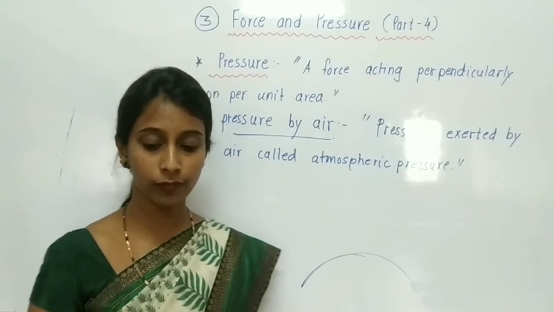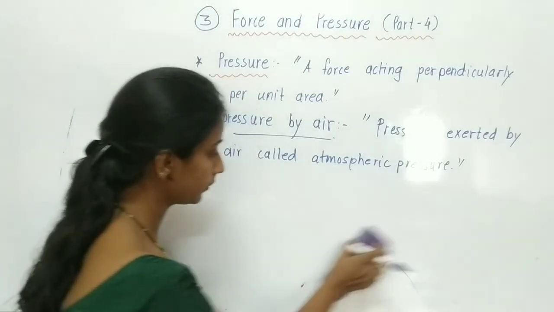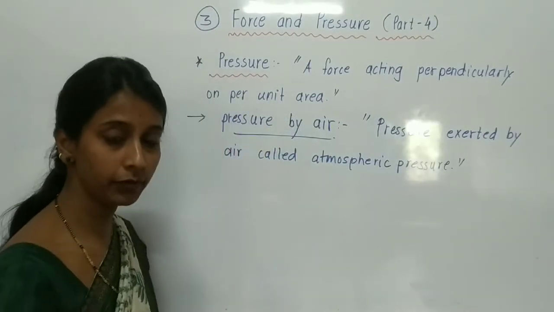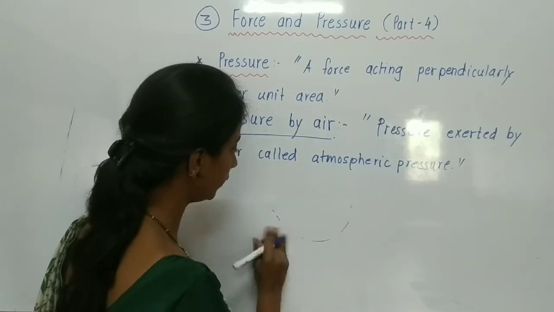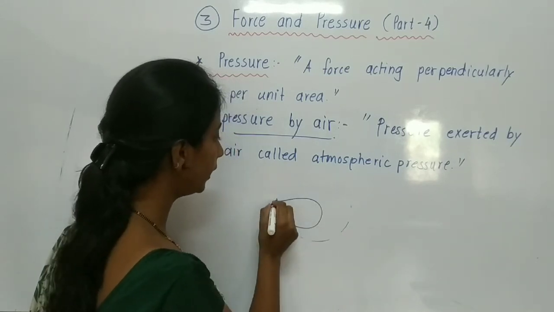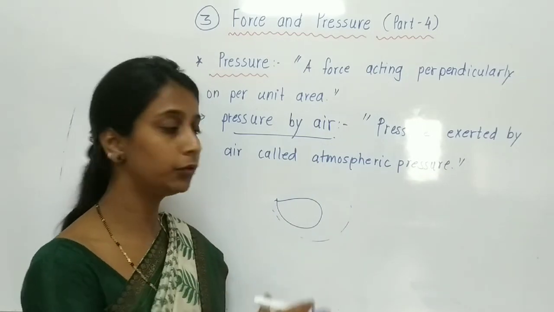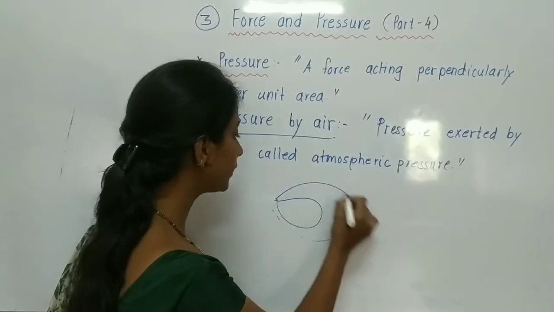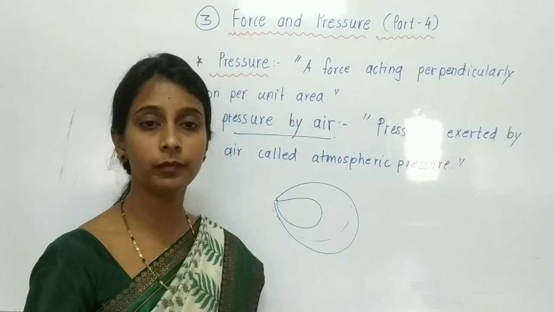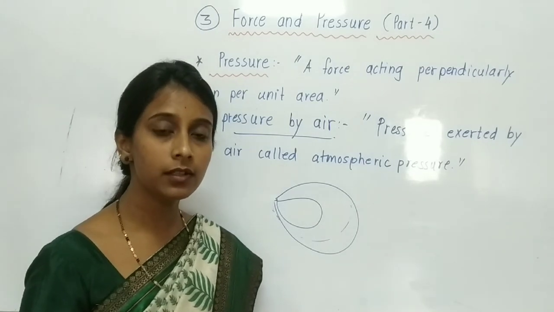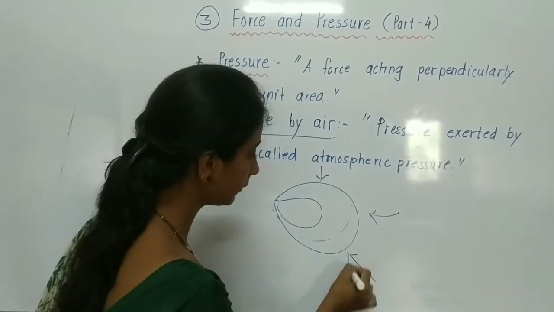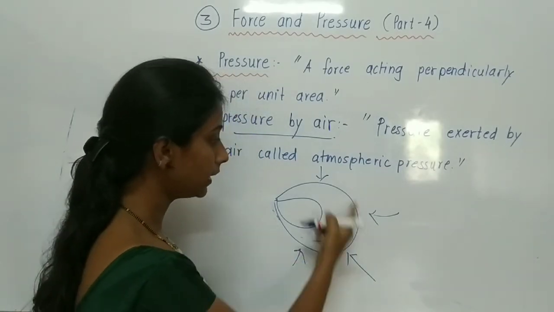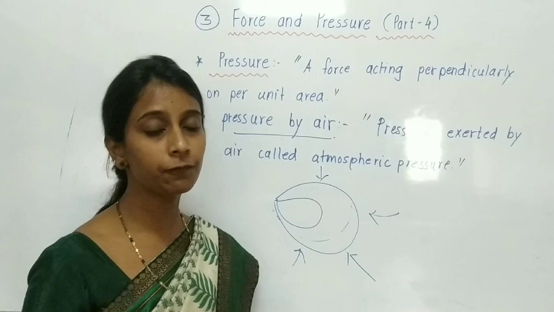Now students, suppose we are trying to fill air into a balloon. If we are trying to fill air into that balloon, then the size of the balloon increases from all the sides.